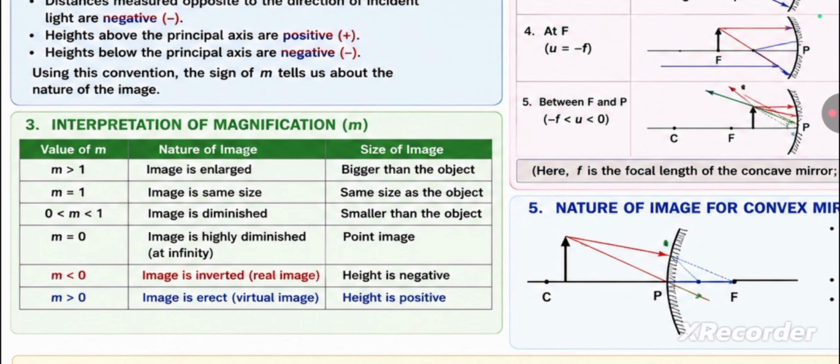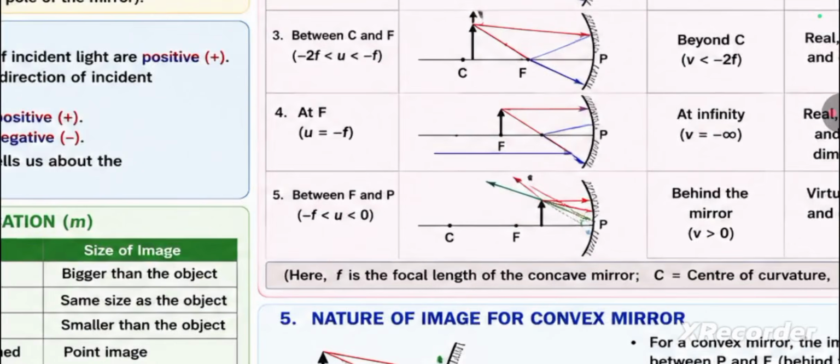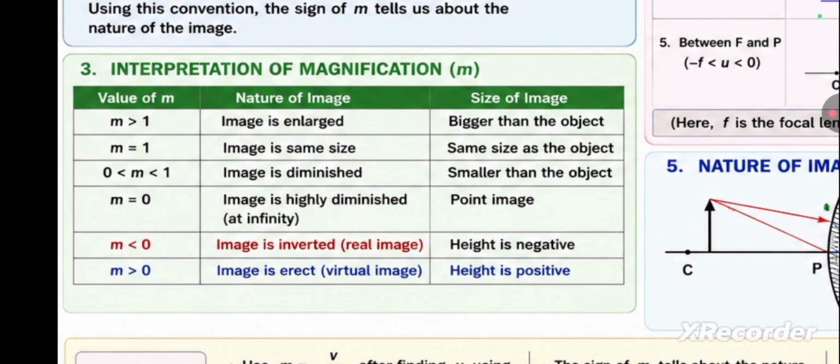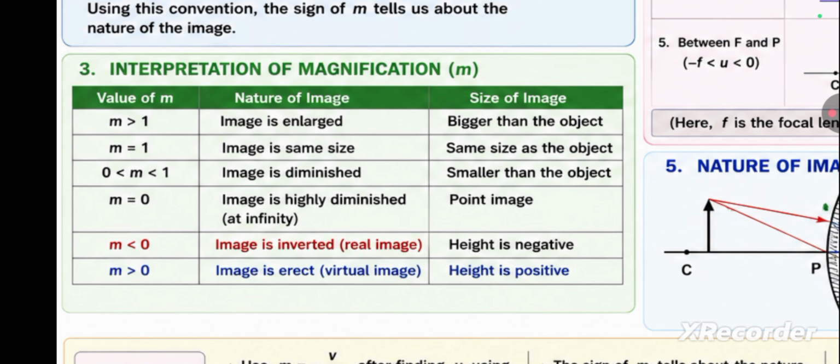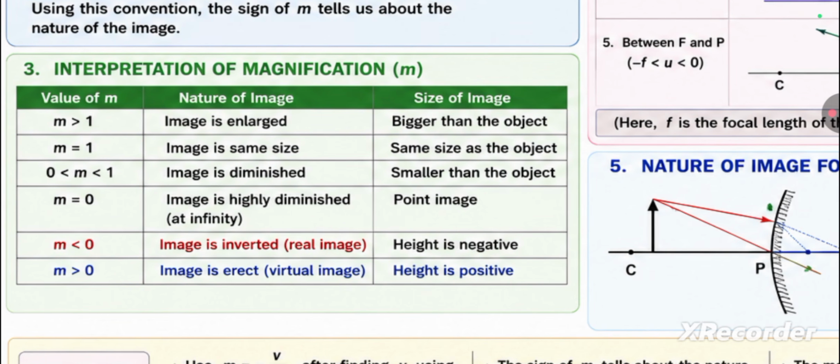If magnification is equal to 1, the image is the same size as the object. If magnification is between 0 and 1, the image is diminished, meaning small size, and the size of the image is smaller than the object. If magnification is 0, the image is highly diminished at infinity, and the size of the image is point size.